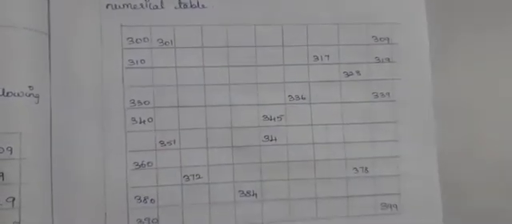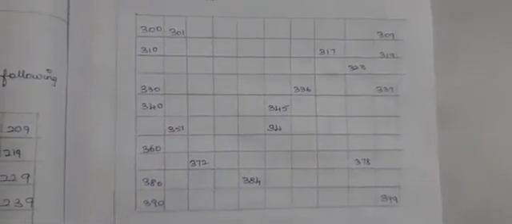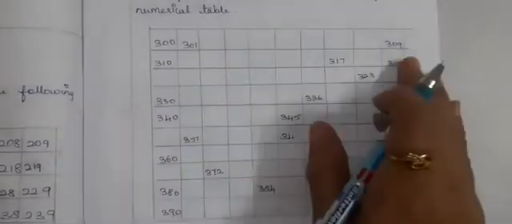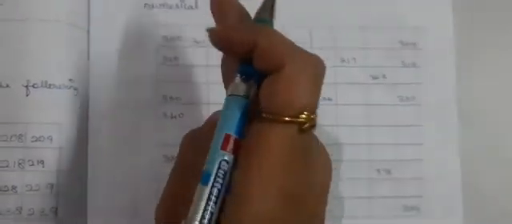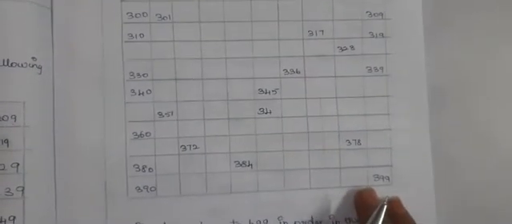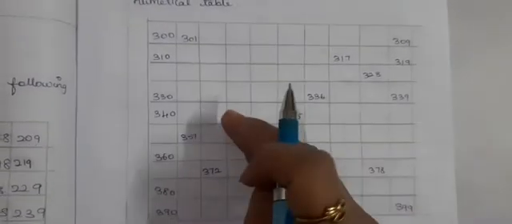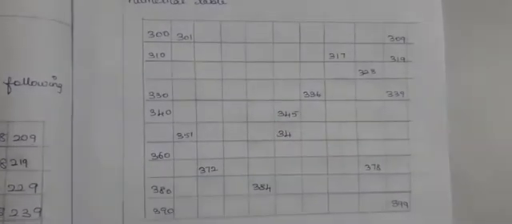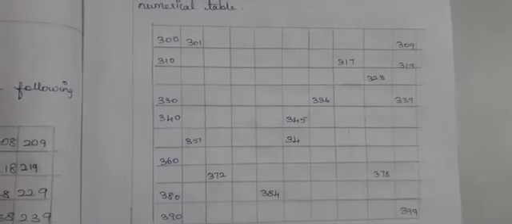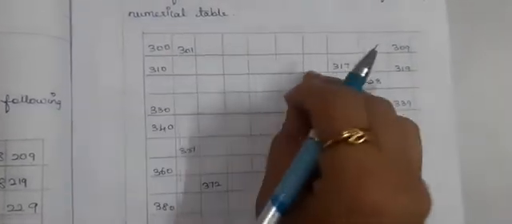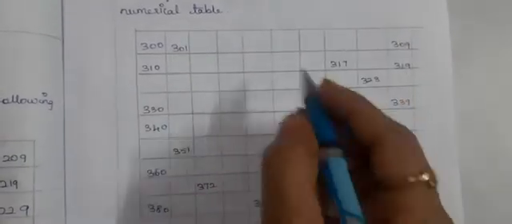See here, they have filled in a few numerals in the table and they have asked us to fill in the missing numbers in order. In order means you are going to write one after the other so that you will be completing up to 399. In the same format only you are going to solve the numerical table on page number 25. Now let's start writing the numbers in order.